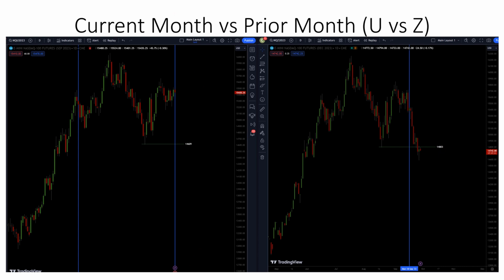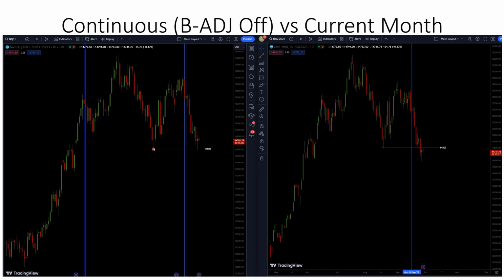But when we're looking at a continuous, what is the sell side? 14,609, because in between these two blue lines, that price action is a mirror image of NQU. Over here, this price action is NQZ. So we've come down and we've taken true sell side.